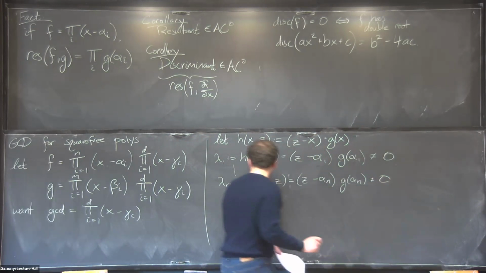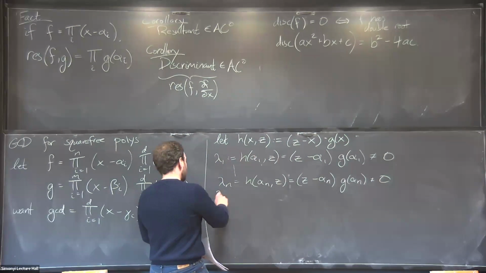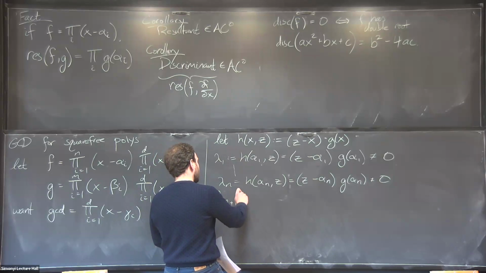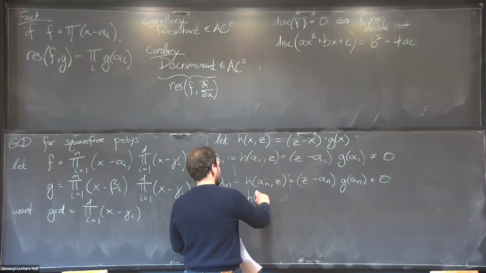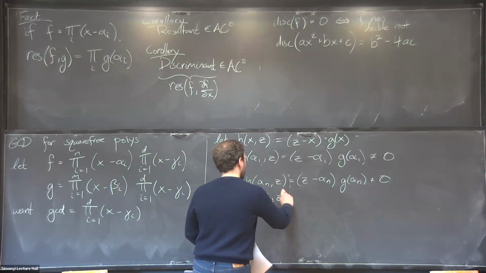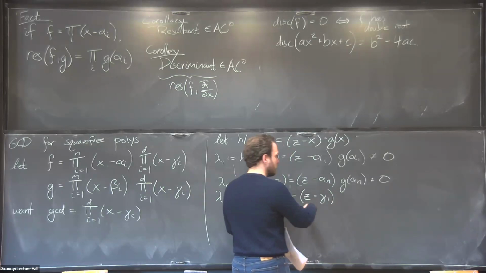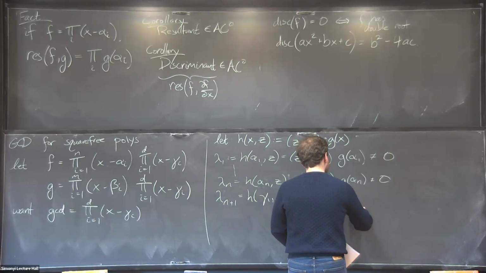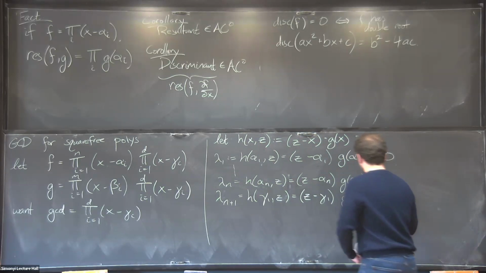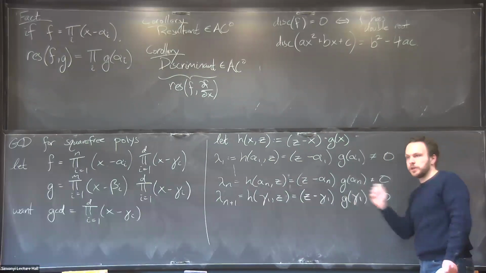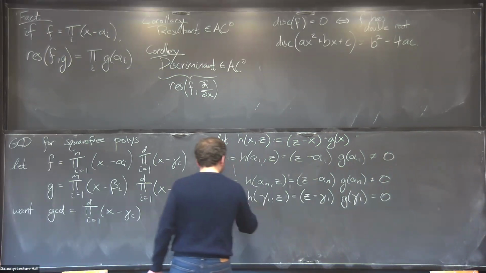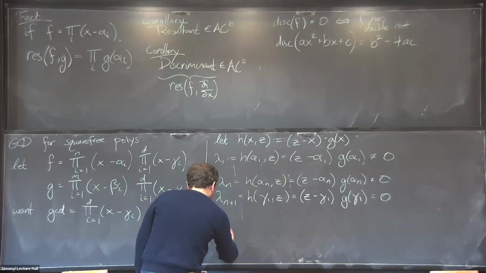These are all not zero. But what happens when you start evaluating at the other roots of f, which are these gammas? What do you get? Well, you have z minus gamma 1, that's not zero, but then you have g of gamma 1. And this is zero because the gammas are shared roots. And the same thing happens for all of these.